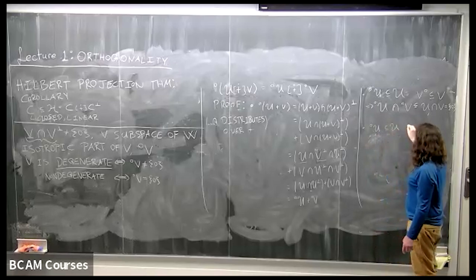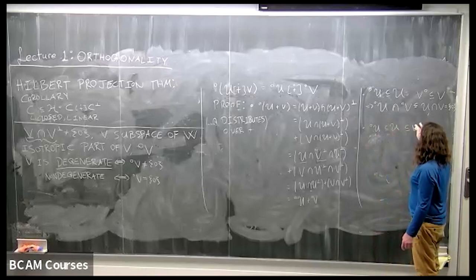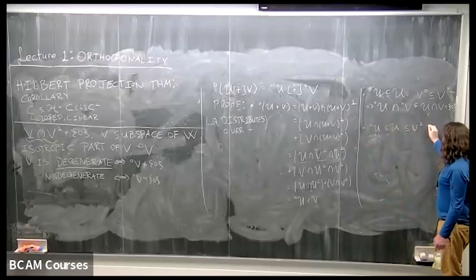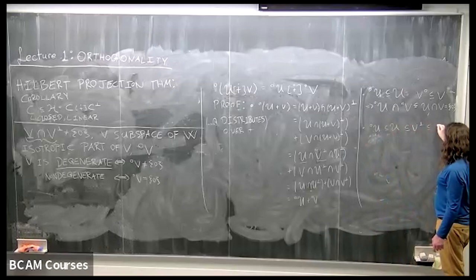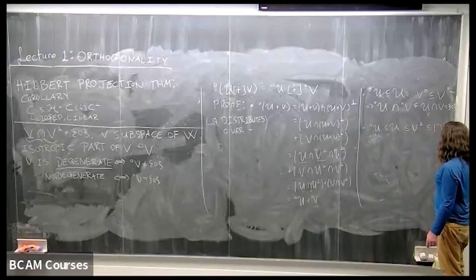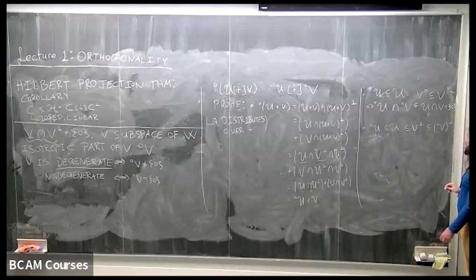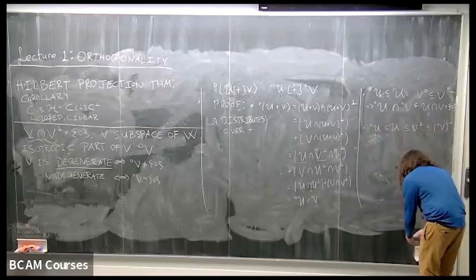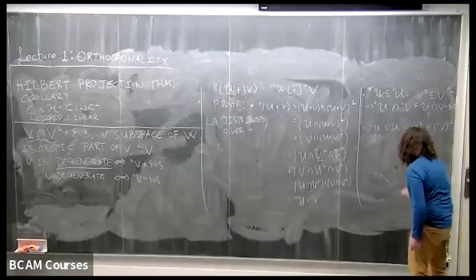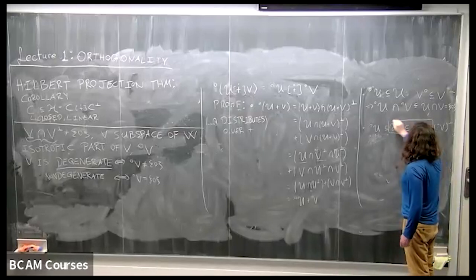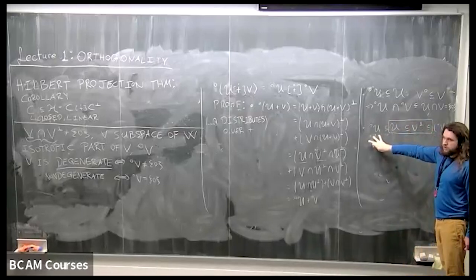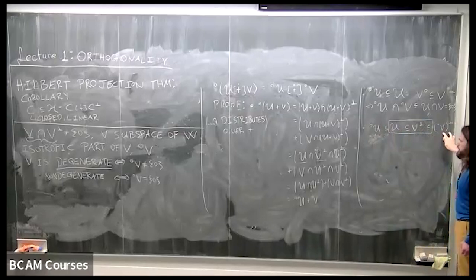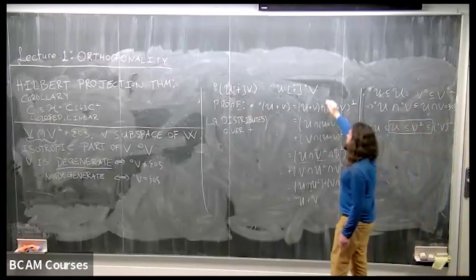So U is contained in the orthogonal complement of V, and this is contained in this, because the orthogonal complement is this anti-isotone map. So then if you want, you could just ignore this part now, maybe a black box that I use to establish that the isotropic part of U is contained in the orthogonal complement of the isotropic part of V. Okay, so this proves this lemma.